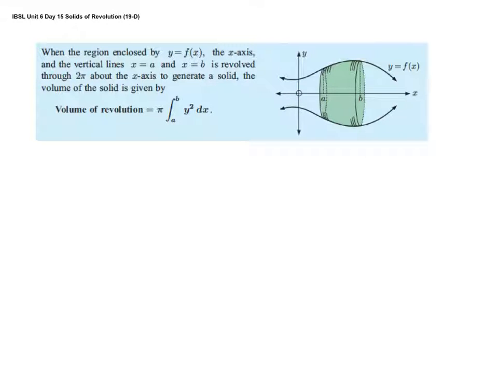It's revolved through 2 pi, all the way around in a full circle about the x-axis to generate a solid. Then the volume of the solid is given by our formula, pi times the integral from a to b of y squared dx. Okay, so that's just a restatement of the formula we just developed.